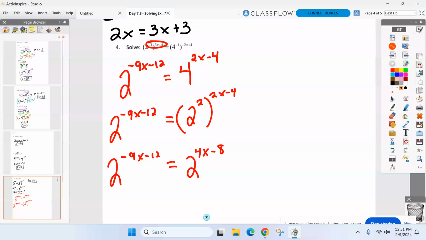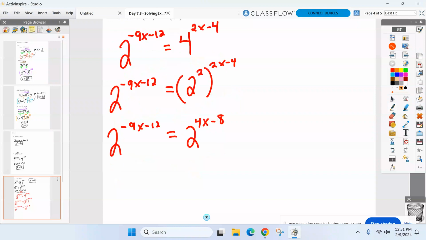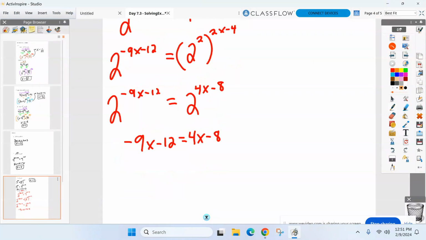Okay, this one was a tough one. Take your time solving that. It is a fractional answer.